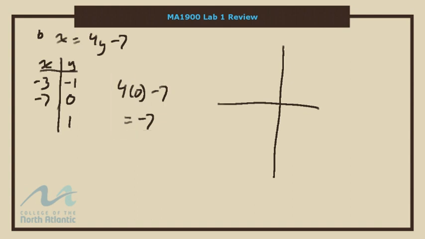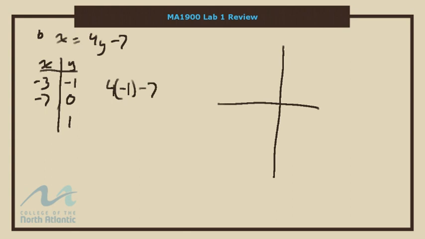And finally, I'm going to have 4 and, oh, I just realized I made a mistake earlier, minus 1 minus 7.